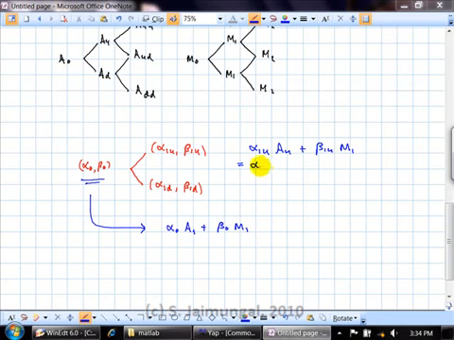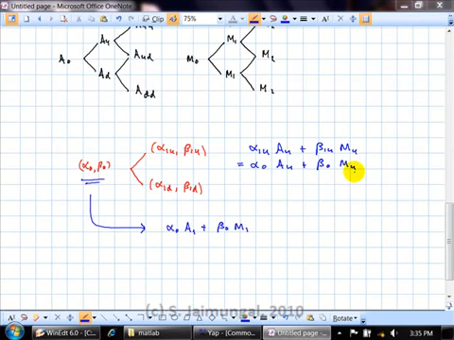So that has to be alpha 0 AU plus beta 0 MU. And if you want, you could put this as MU here. It doesn't really matter, right? The money market account is the same in MU and MD. Does that make sense to you, this equation?